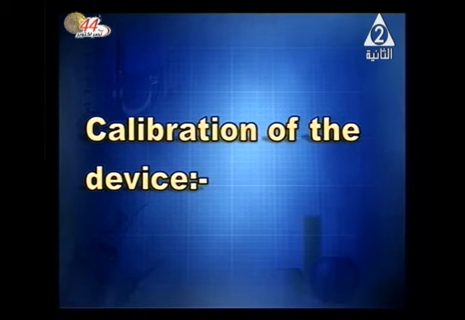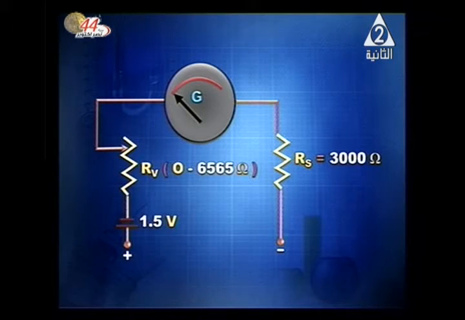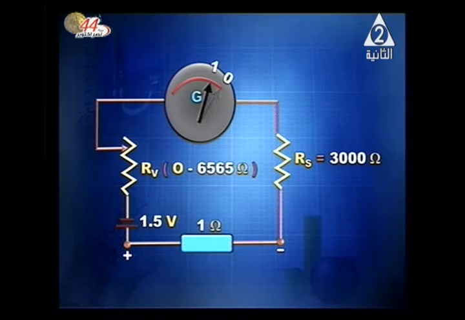The device is calibrated by inserting known resistance between the test terminals. For example, a resistance of 1 ohm. So what happens? The pointer moves backwards.